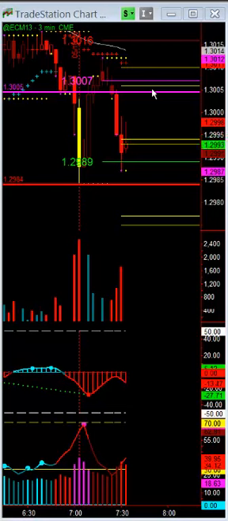It does look like the zones are offering some resistance for price. And let's see if it can go back to the red line.